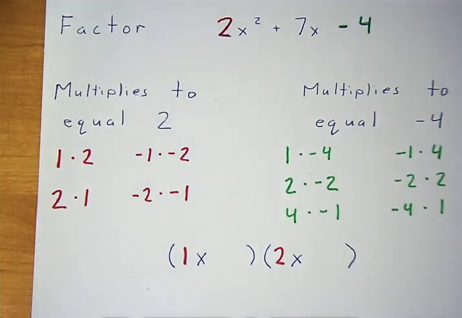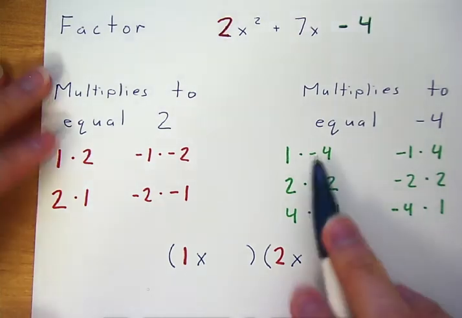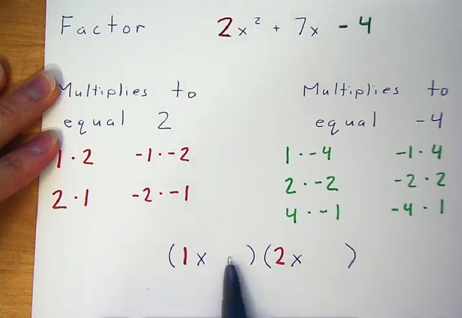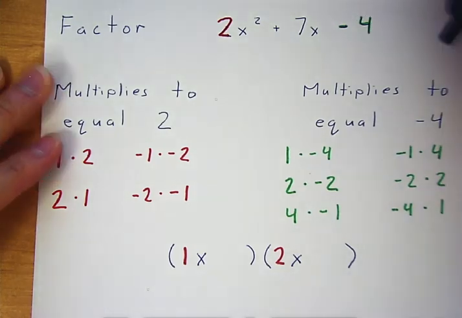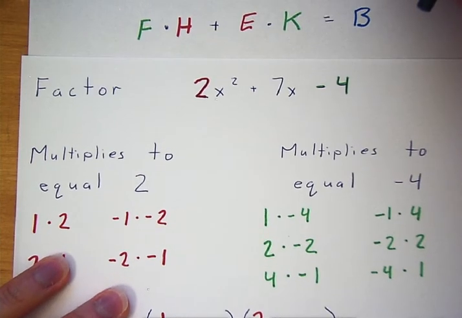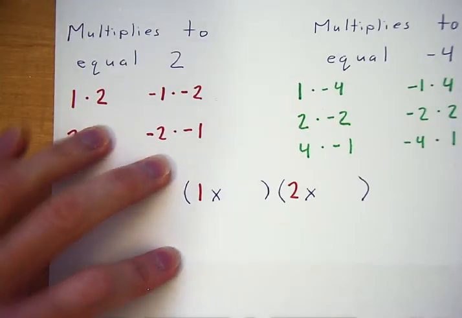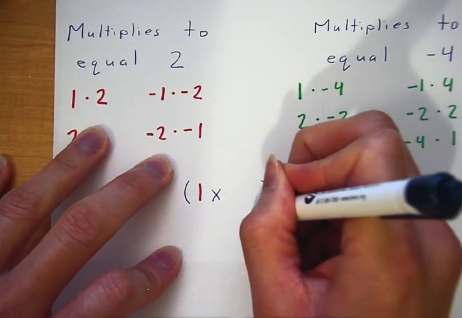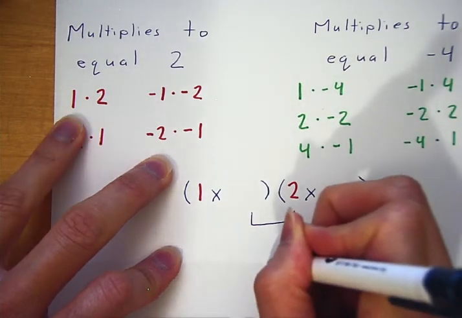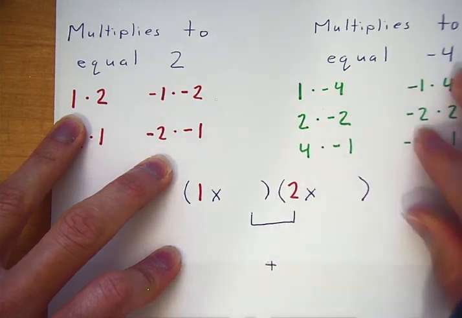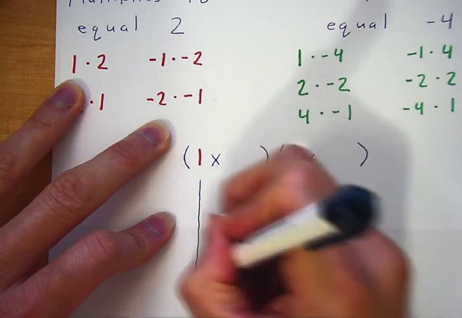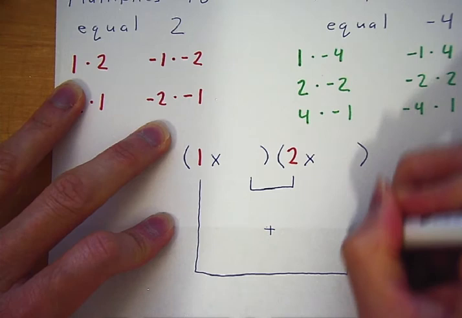And now I need to find if any of these 6 can I put in here so that I get this B value. So I'm looking to make this one times this one plus this one times this one.